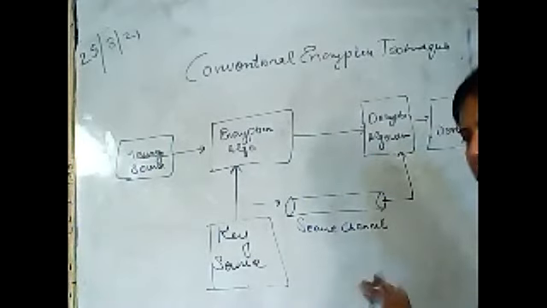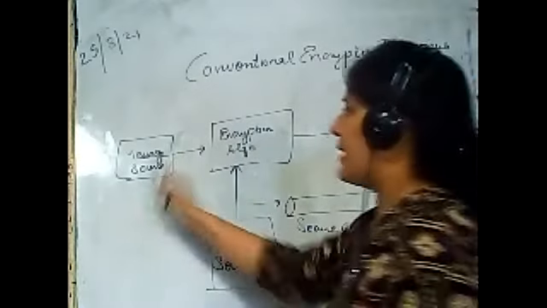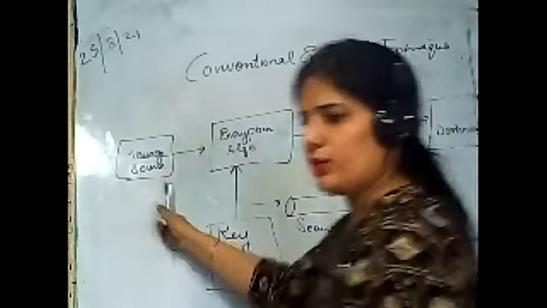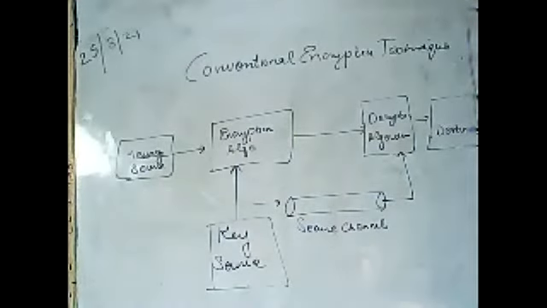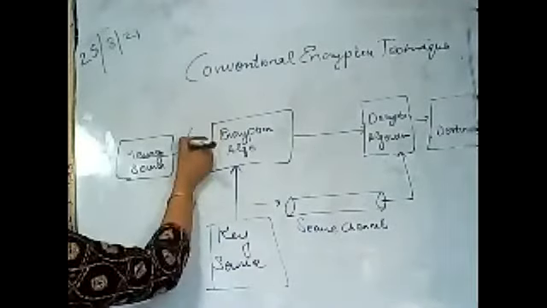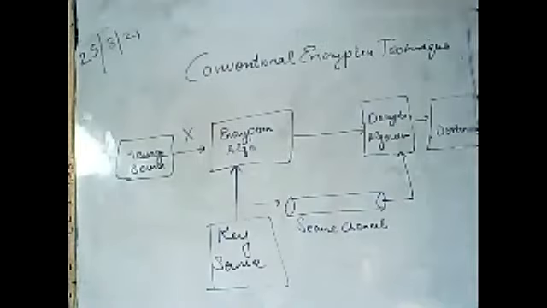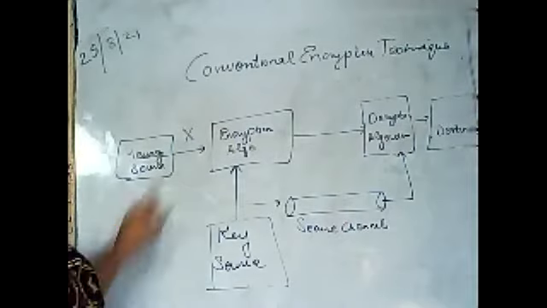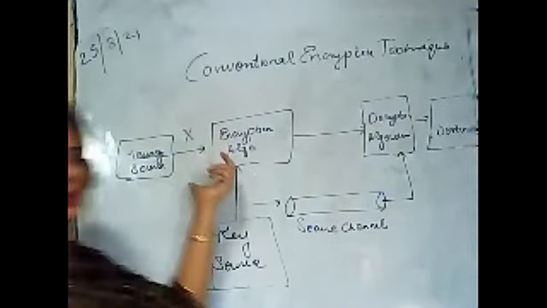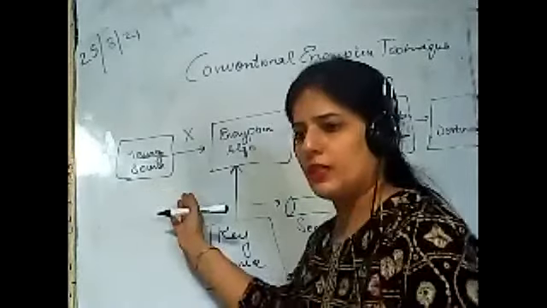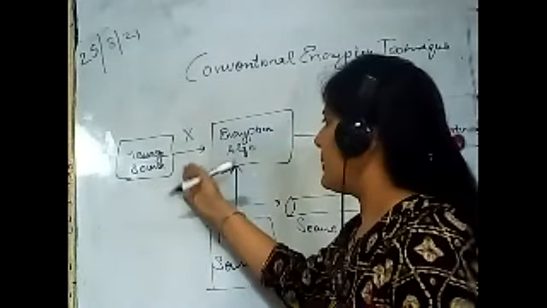Fine. So now we will start like this. There is a message source. Let's suppose I represent this message source with the value x. This is the message I need to transfer, and on this message I am applying some encryption algorithm.